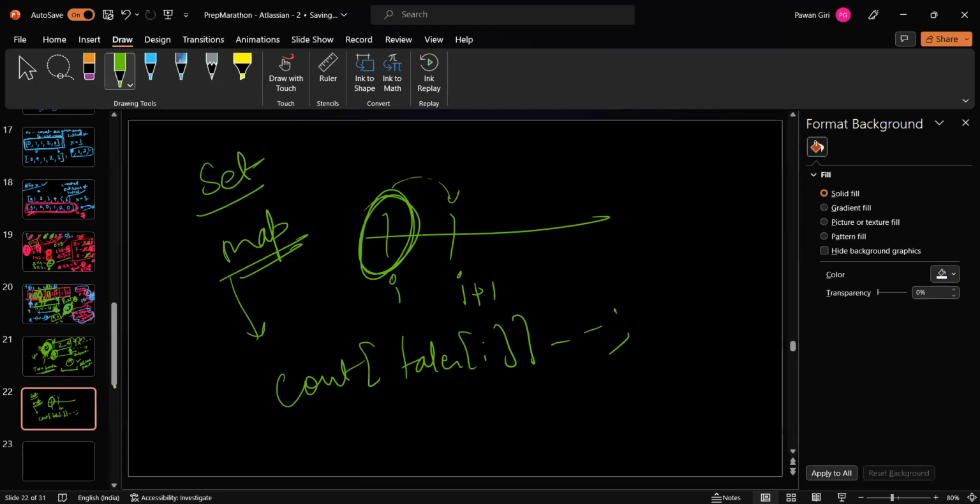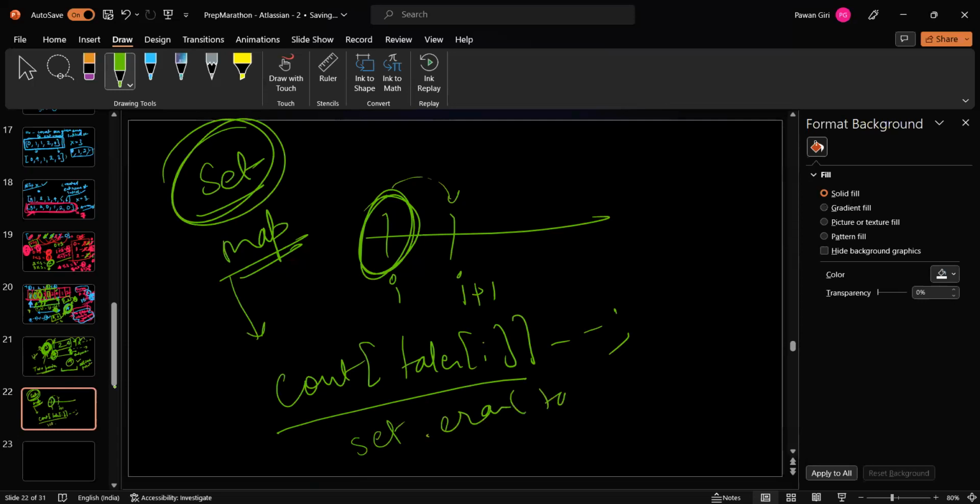minus minus. If this count of talent becomes 0, it means I lost a talent. So I need to erase from my set also. Okay, I'll erase from my set this talent I. Okay, so when I'm moving from I to I plus 1, if this talent count is 1, it means I will lose it.